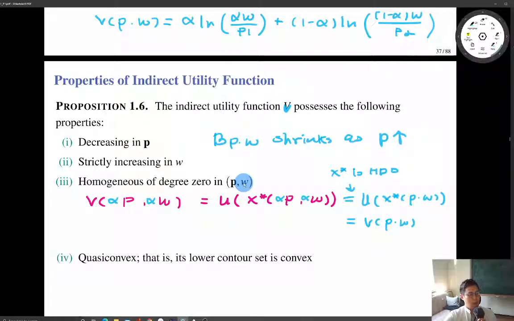So function v is homogeneous of degree 0. Even after scaling up p and w by alpha, we go back to the original function.